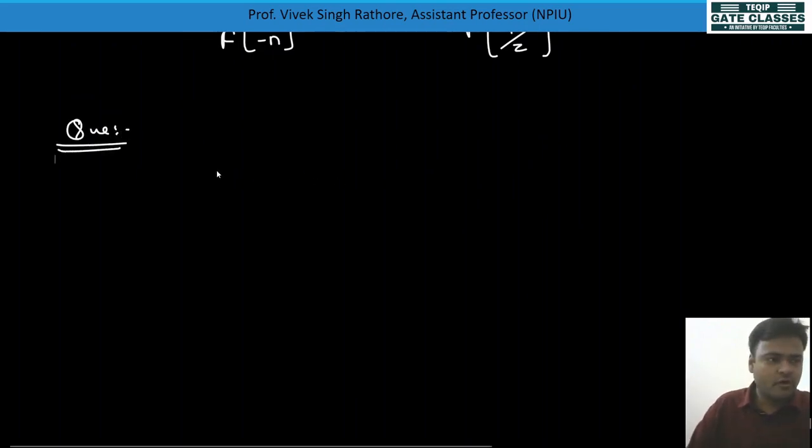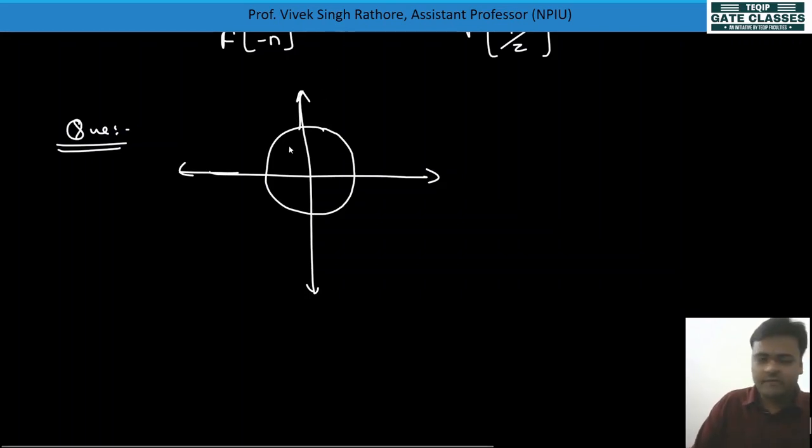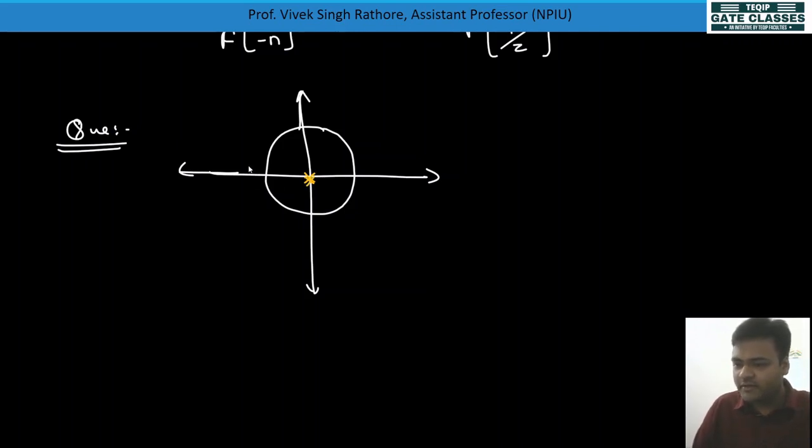One pole zero plot has been given to you in your question. Poles and zeros are there. Now this is your unit circle. Let's suppose two poles are at the center, and there are two zeros, here and here.